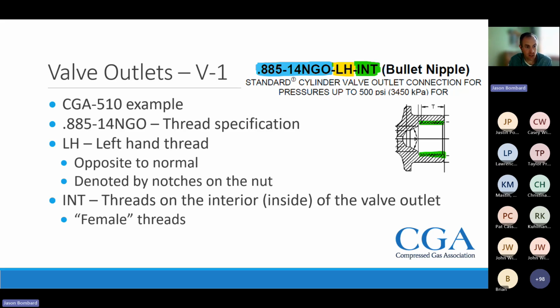So if you had two that look the same, one was a left hand, one was a right hand, this keeps you from being able to interchange those two. Left-handed is your opposite from normal. So you're going to turn this one to the left to engage it, to the right to disengage those threads. And this is an internal thread or a female. So the threads are on the inside of that valve.